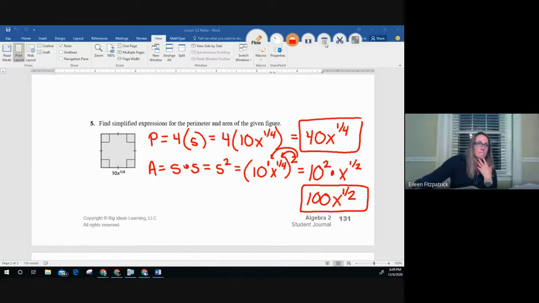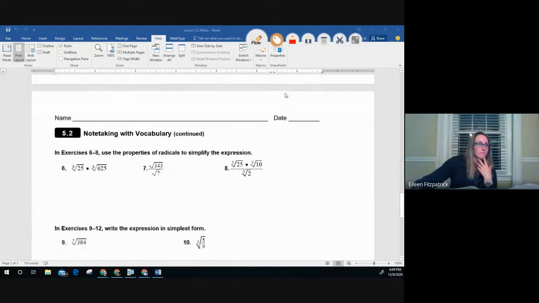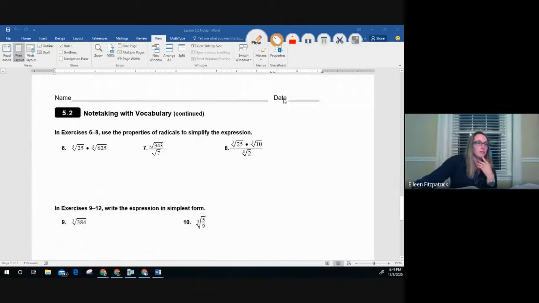All right, let's keep on moving along. Use properties of radicals to simplify the expressions. So for number 6, since we have the same root, the 6th root, you can simplify that and write it as the 6th root of 25 times 625.